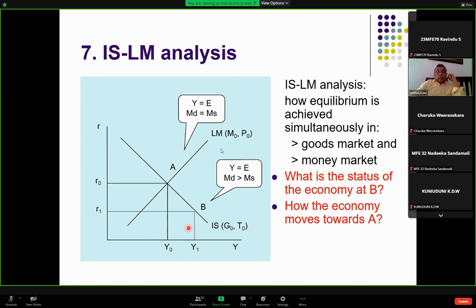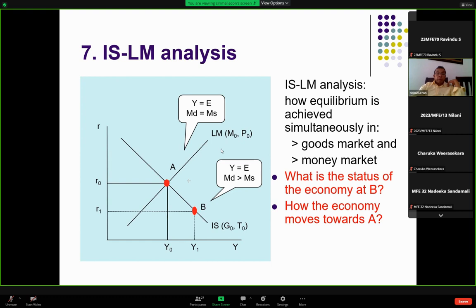Now, why is it important for us to look at these points? For example, point A gives us equilibrium in both markets. When you have a point like B outside point A, it's not a stable point. Stability is there only at point A. Point B is not stable because it's a disequilibrium point.